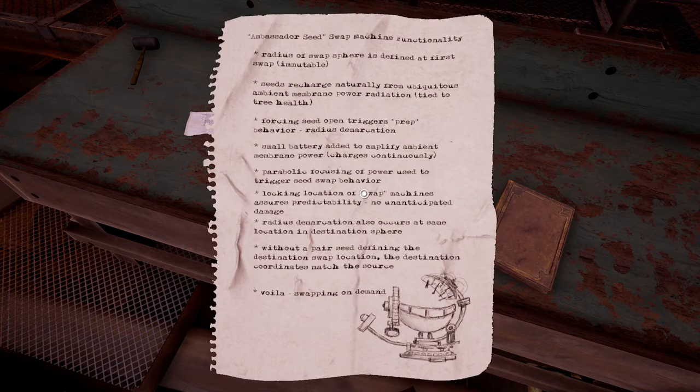Without a pair seed defining the destination... oh my gosh. Without a pair seed defining the destination swap location, the destination coordinates match the source. Voila, swapping on demand.